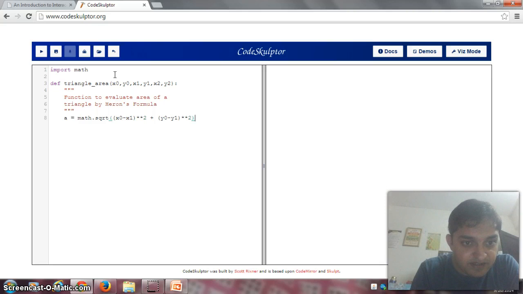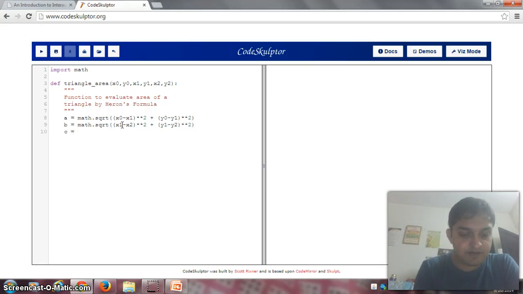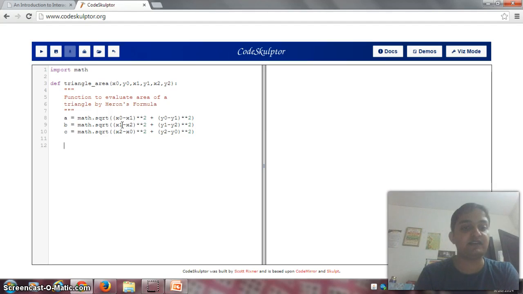What I am doing here is I am right away copying the formula that we have derived previously. Okay, so we got all the three sides of the triangle.